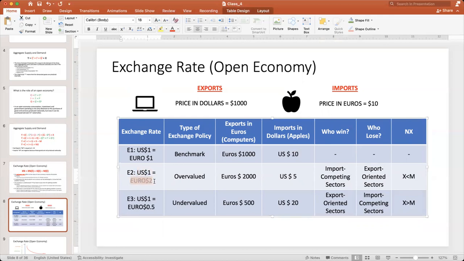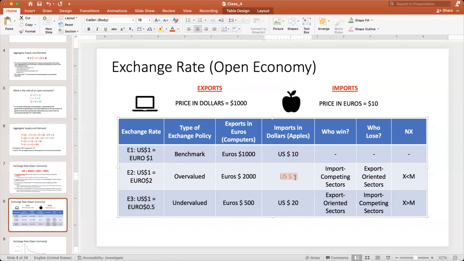Because of that, the prices of the exports and imports changed. So if we want to export our computer, well, a European person has to pay 2,000 euros. So the price of our computer increases suddenly 1,000 euros more. And if we want to buy the apples, well, we don't have to get $10, but we only have to get $5.